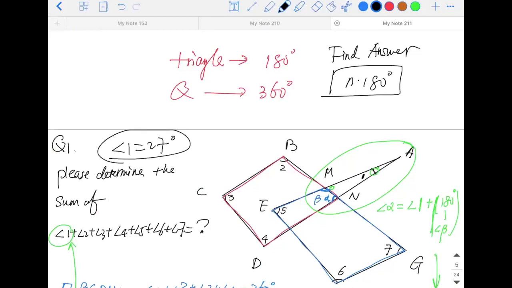But this problem doesn't give you any information. Everything should be a random triangle, random quadrilateral, and so on. So the minimum element you can get at the end of the day is 180 degrees, 360 degrees, and so on. So the correct answer for this problem must be a multiple of 180 degrees.